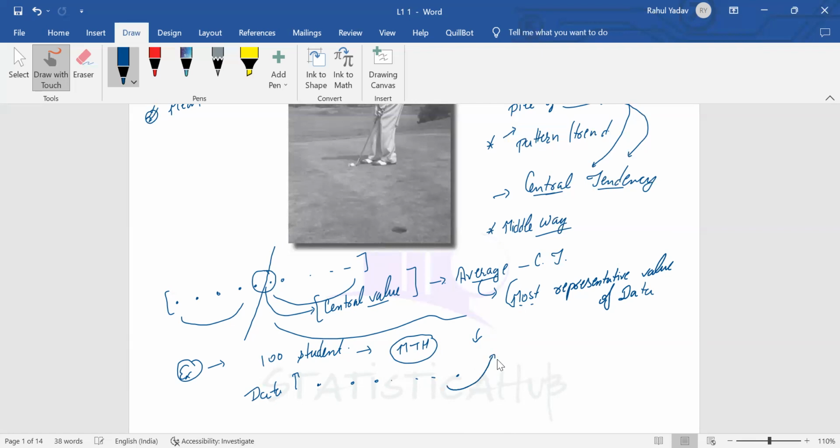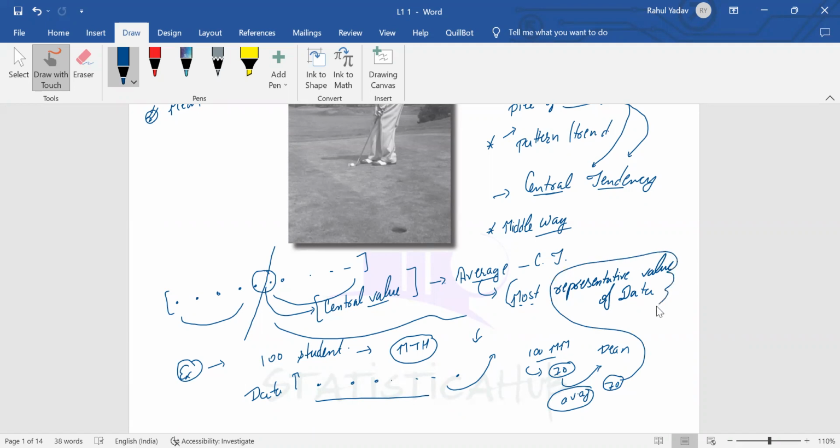If the maximum marks are out of 100, I say the students are attaining roughly 70 marks. So from the complete data, this can be summarized with a central value of 70. So 70 basically represents the data.